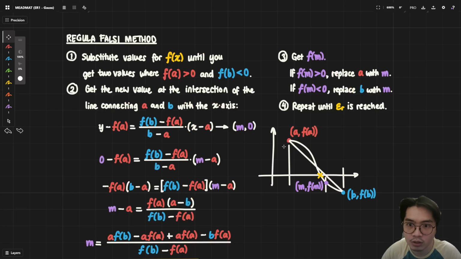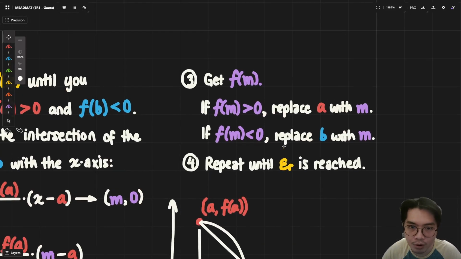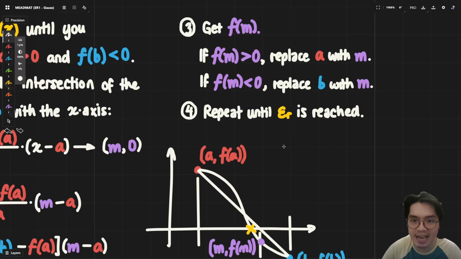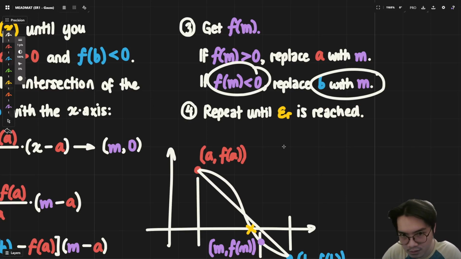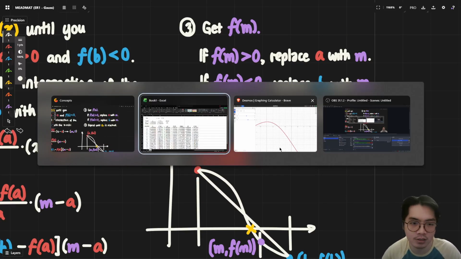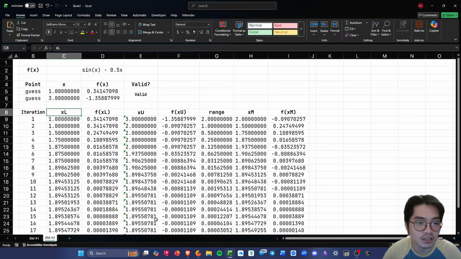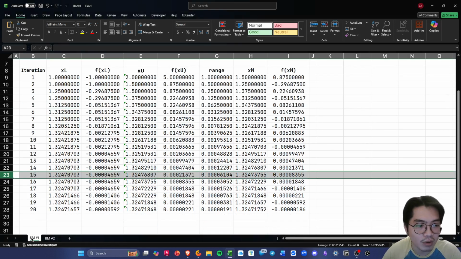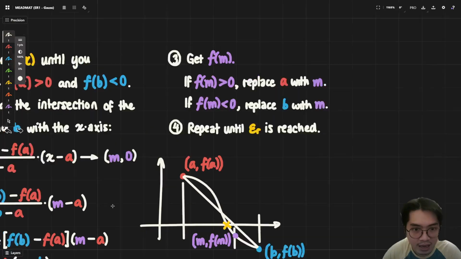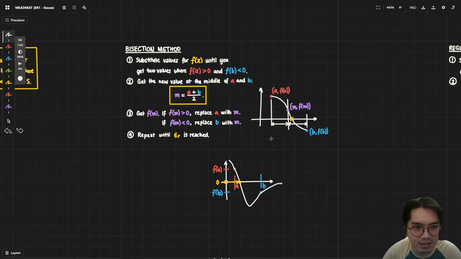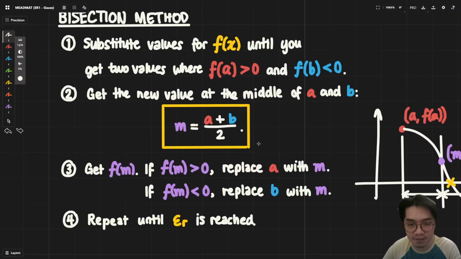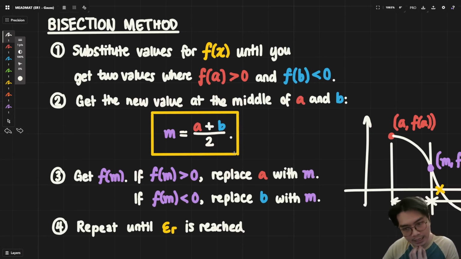And what you will do is, just like before, if it matches the sign, replace. If it matches the sign, replace. With the same logic that we were looking at earlier, this is what we'll do using the regula falsi method. Instead of having this thing, which, for the lack of a better term, is not smart, it's just indiscriminate.